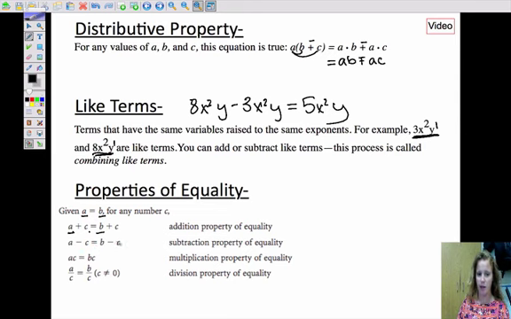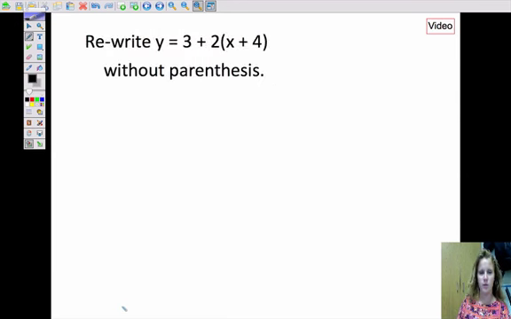Those two subtracting a different number should be the same. Those two multiplying a different number should be the same. And those two dividing by a different number should be the same, as long as that number is not 0, because you can't divide by 0. Okay? So why don't you pause the video there and take down those notes if you haven't yet. And we will move on to an example.